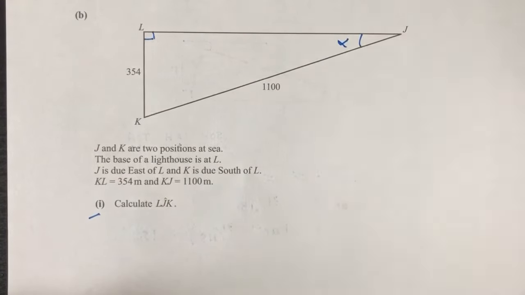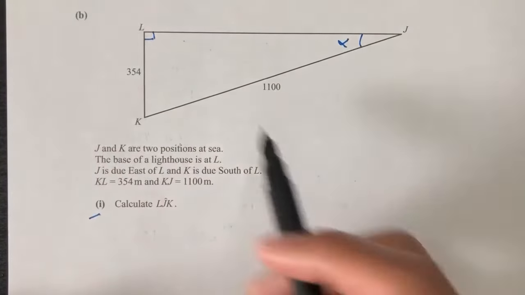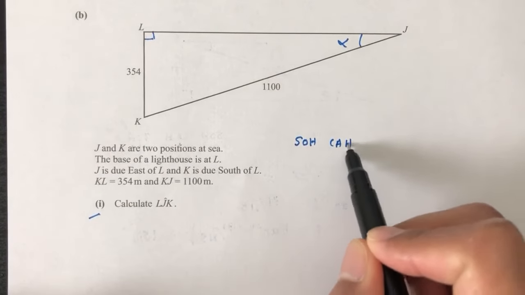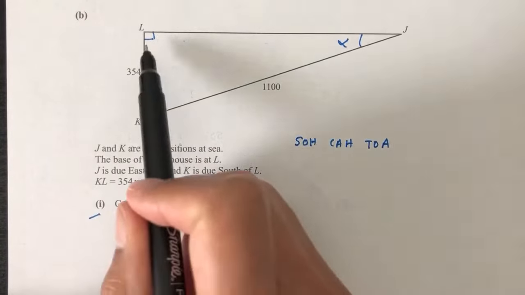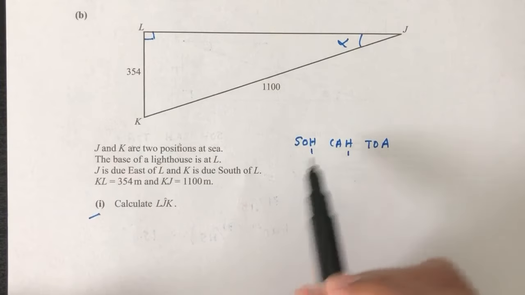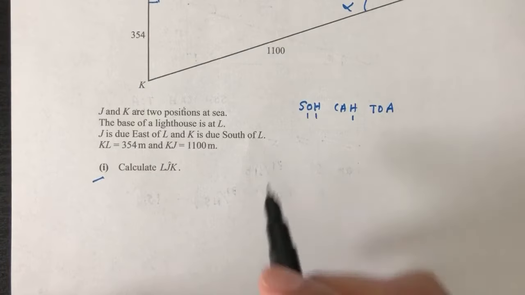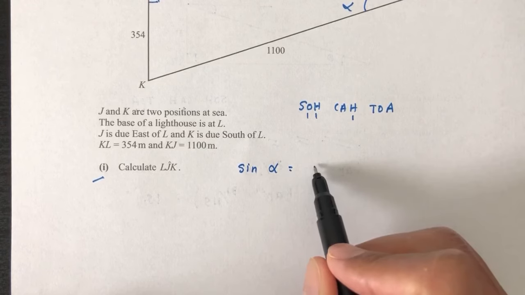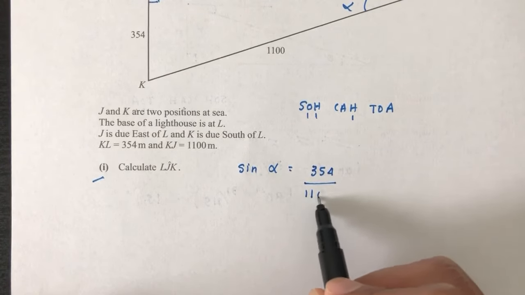Let's call this alpha. So as you can see, we have a right angle triangle. So whenever we have that, we can use SOHCAHTOA. Now, what do we have? We have the hypotenuse and we have the opposite side. So we have to use sine. So sine of alpha is equal to the opposite side, which is this, divided by the hypotenuse.